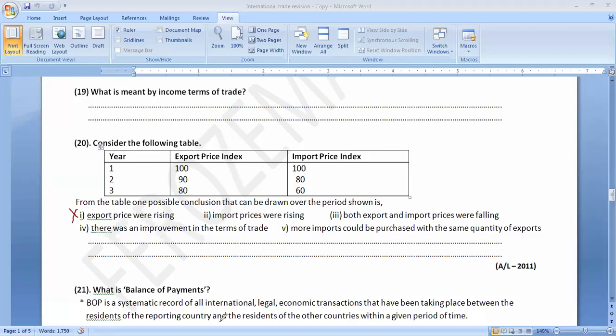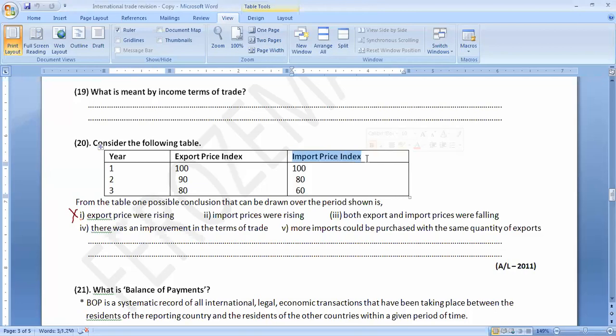Make a small correction here. Export price index 100, 90, 80 is given, no? Then the other column, not the import price index, please correct that. That should be the terms of trade. This is not import price index. It should be terms of trade index. Please correct. Right. Export price index is given. Terms of trade index also given. That means TOT. TOT is an index now, so they can use the term terms of trade index.